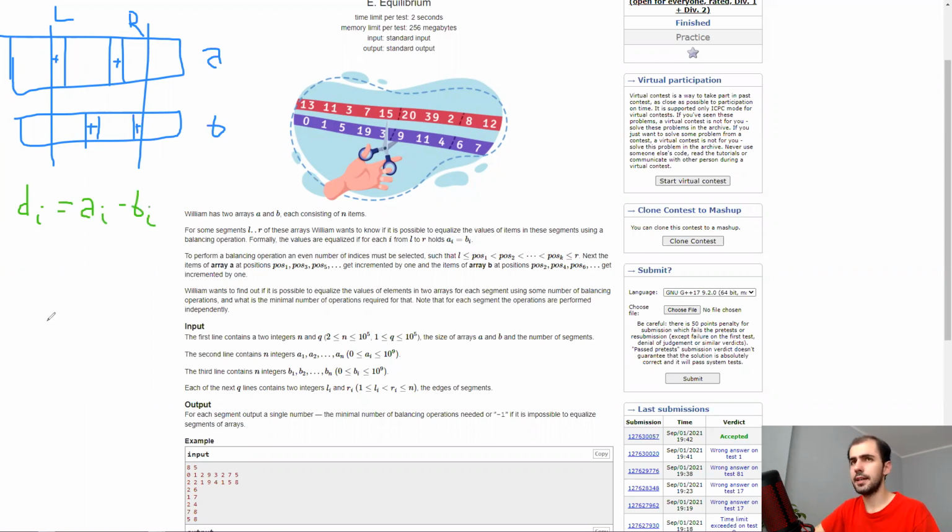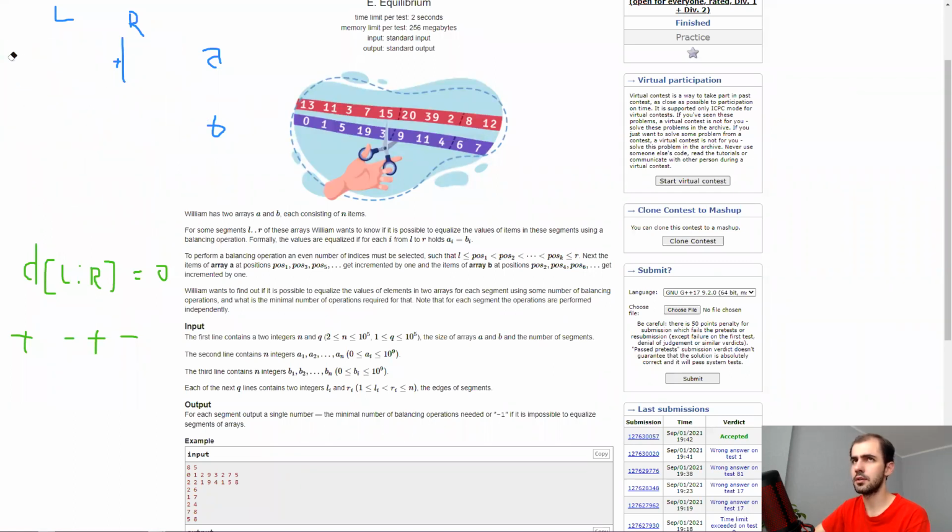And this way my intention will be to make d from left to right equal to the zero array. And my operation changes from plus plus plus plus to plus minus plus minus, or something like that.